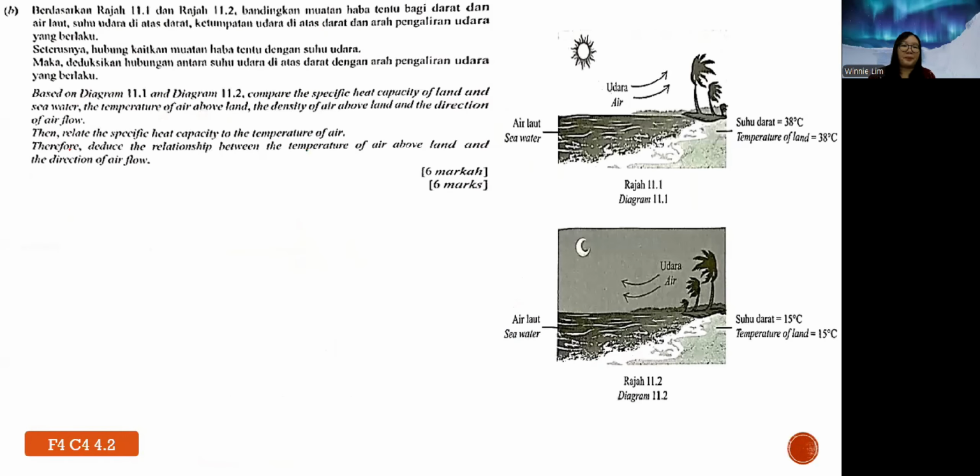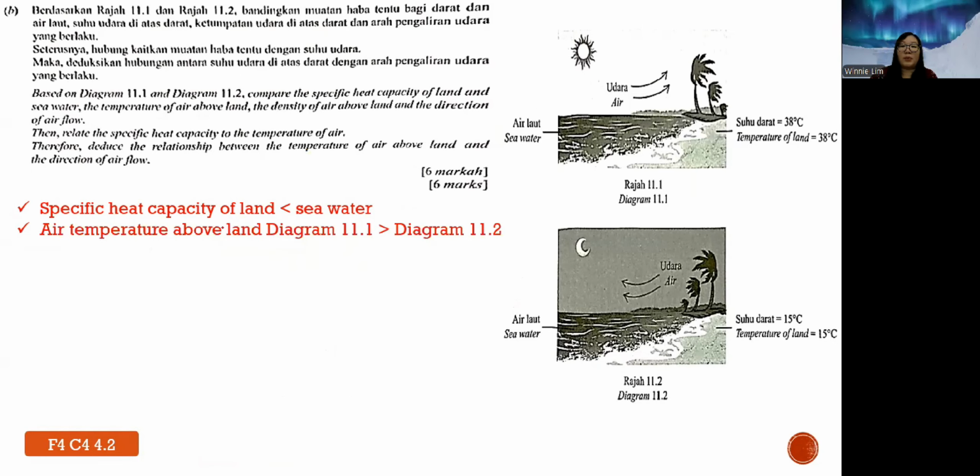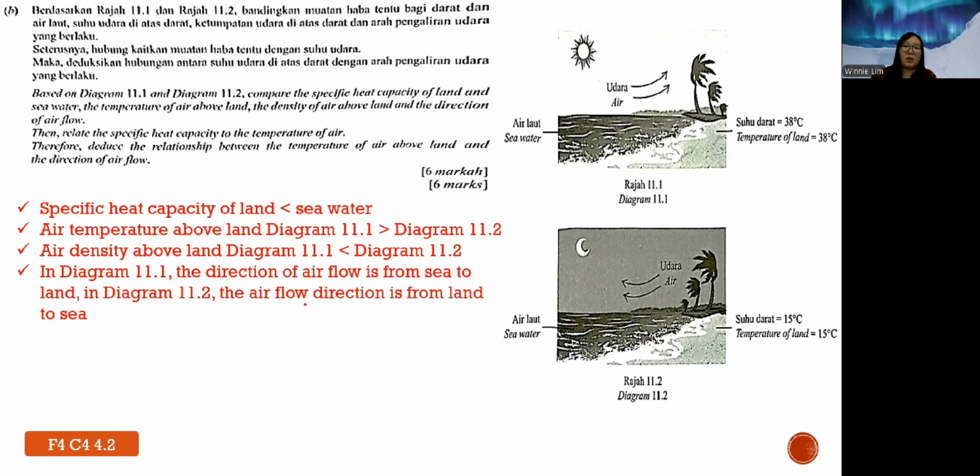So the specific heat capacity for land is less, and the air temperature above the land is higher, greater. You can use smaller or greater, or if you do not know how to describe temperature, you can use the word high or low. And then the air density above the land is lower. Or if you're not sure, use this smaller sign.